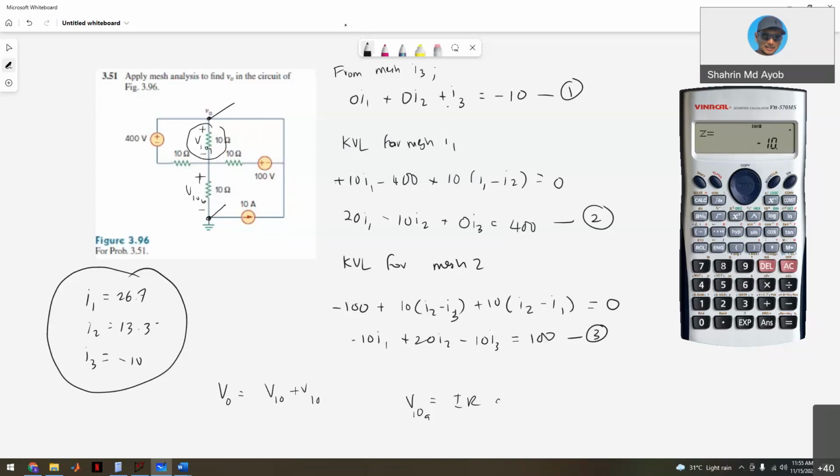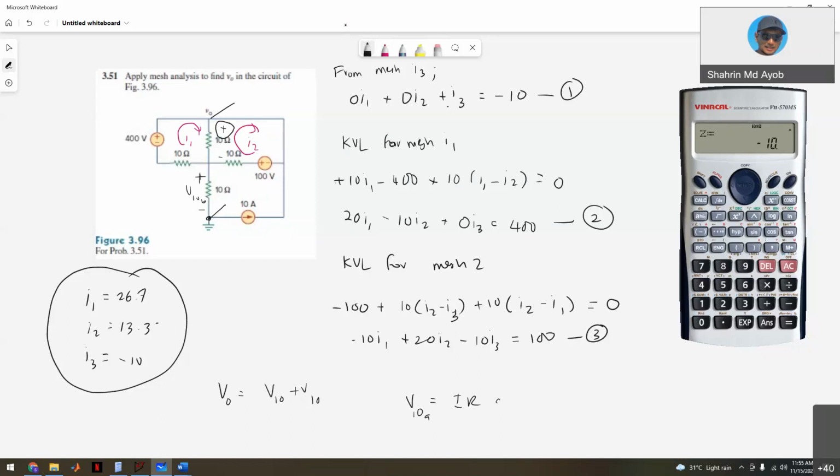So right now, what is your current that flows inside this 10 ohm? Based on the mesh analysis that we have already done, you have two mesh currents, clockwise, which is I1, and the second one is I2.